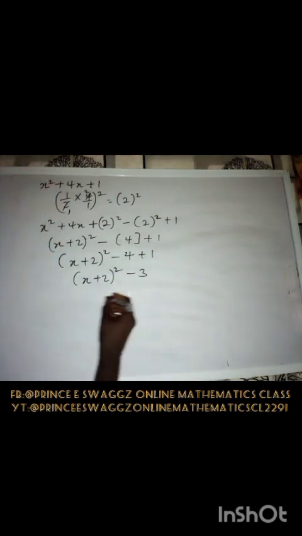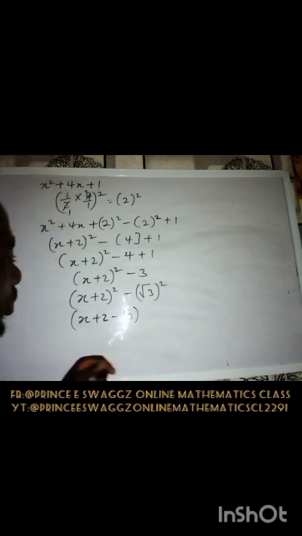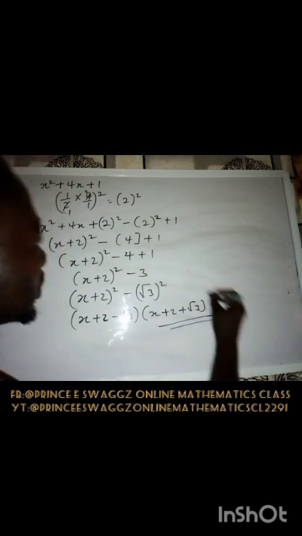Then we have to make this a difference of two squares, the same as x plus 2 all squared minus root 3 all squared. Now it's a difference of two squares, so the factorization is x plus 2 minus root 3, times x plus 2 plus root 3.